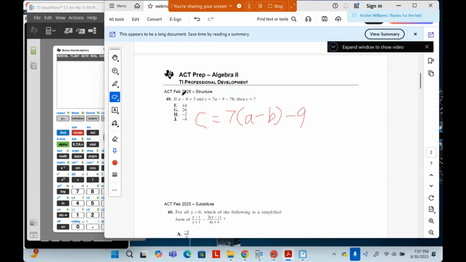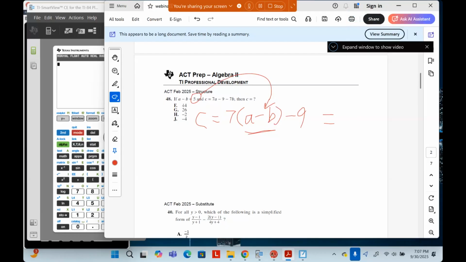You can then replace A minus B, which is really 5, and just plug it in and get your answer there if you want to do it that way and if you see it. But I don't know how many of our students, Tom, would solve this. It's a little unusual. Usually we're used to solving for A and B. What is A? What is B? And we don't really know in this case.